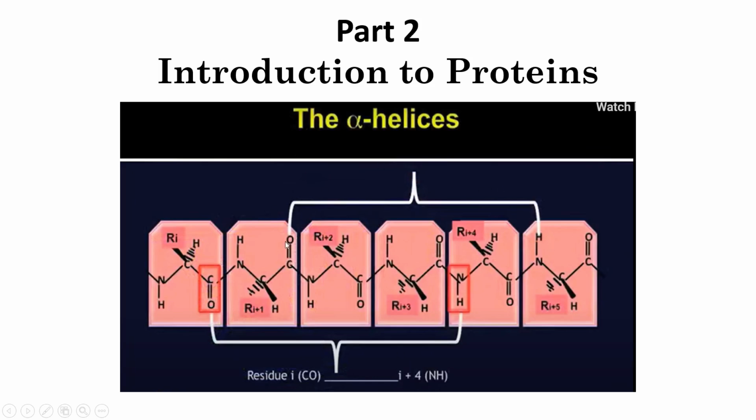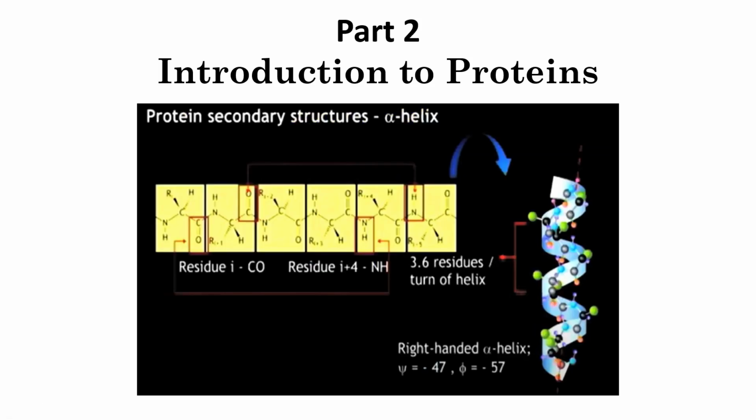If they link, that's how the alpha helical structure is formed. These are attracted towards each other, and that's the reason this amino acid comes back towards this direction, then goes in a linear manner. This specific attraction and bonding makes the structure of a protein into alpha helical form.